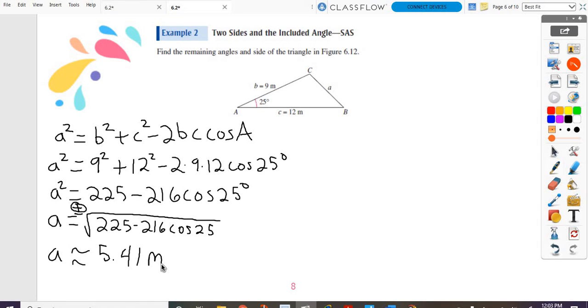But notice that if I wanted to find either of my other two angles using law of cosines now, I would also have to use little a still. So this is a problem where you can't get around using your rounded answer. So it doesn't matter which one we use from here.